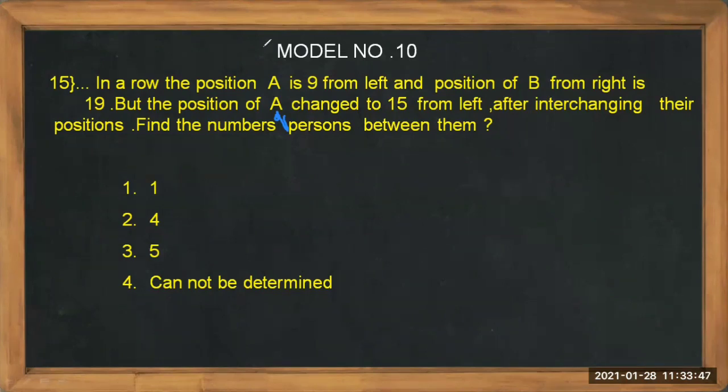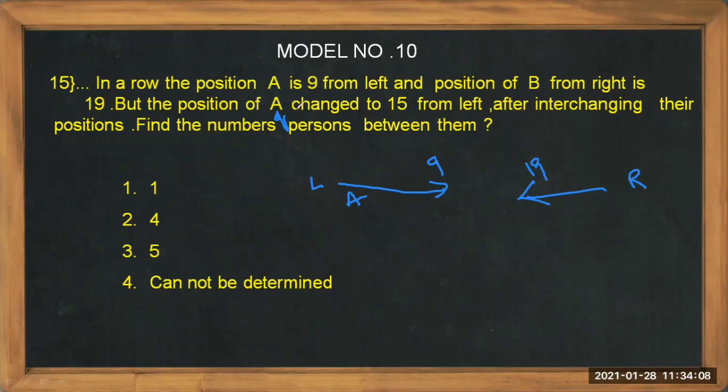Okay, first of all we need to find how many persons are there between these numbers. Look at the board now. The position of A from the left is 9. The position of B from the right is 19. So this is the left position, this is the right position.